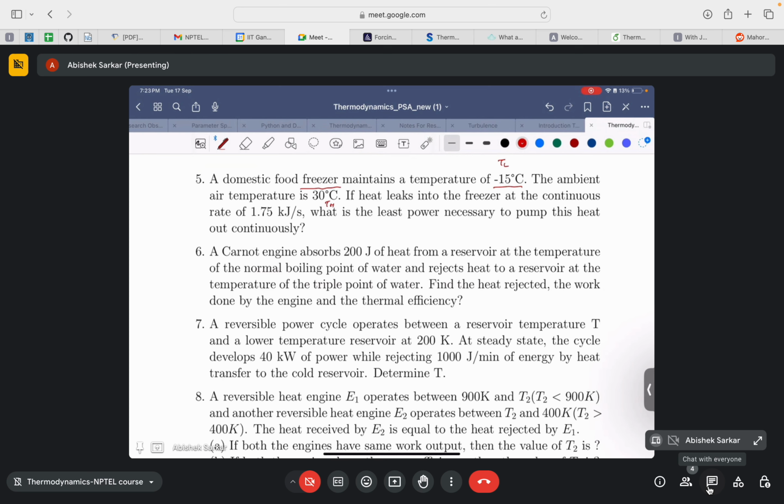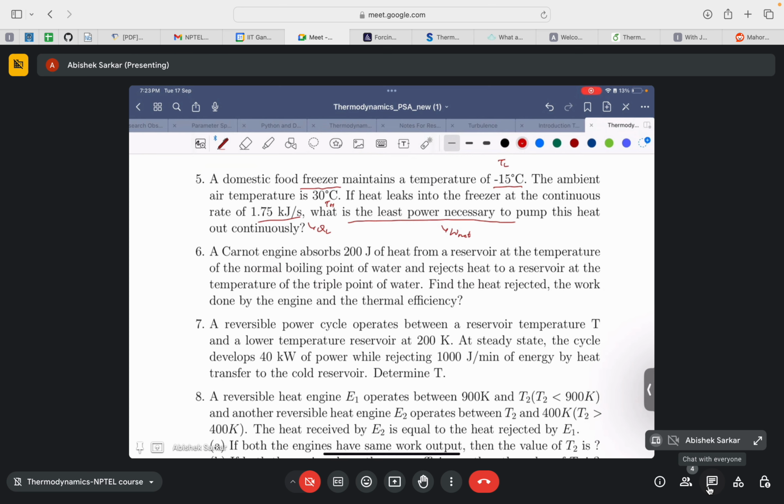If the heat leaks into the freezer at a continuous rate of 1.75 kilojoule per second, this is QL, what is the least power required to pump this heat out continuously? So you need to find W net, the net work input into the refrigerator.